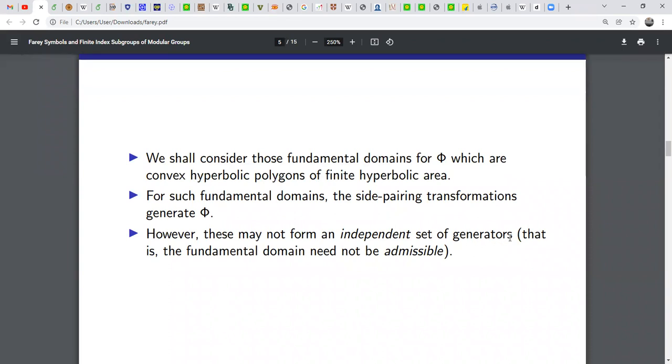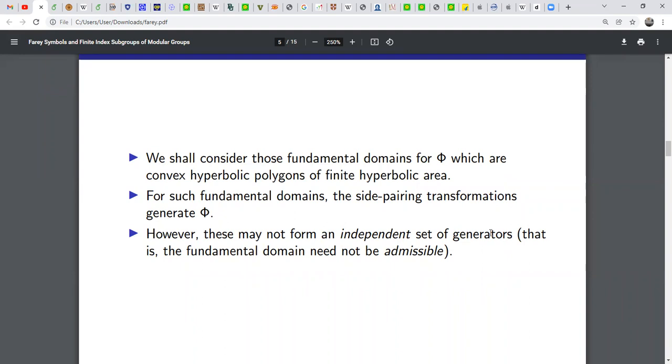And the fundamental domain corresponding to an independent set of generators was termed as being admissible. So at least before Kulkarni's work, none of the domains which were computed were admissible. That is, the side pairing transformations did not form an independent set of generators.